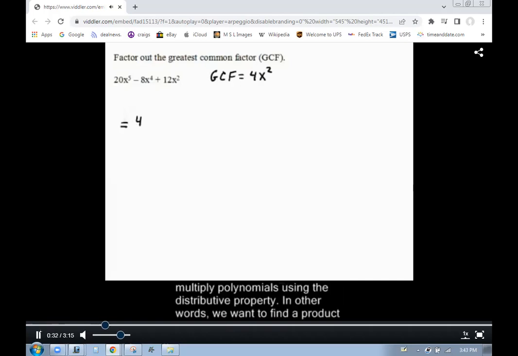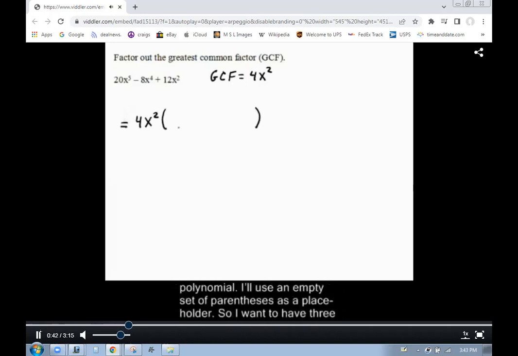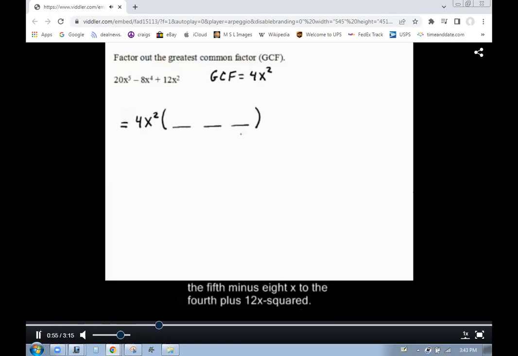In other words, we want to find a product of the GCF, which is 4x squared, and another polynomial that, when multiplied, equals the original polynomial. I'll use an empty set of parentheses as a placeholder. So I want to have three terms inside the parentheses that, when multiplied by 4x squared, gives me 20x to the fifth minus 8x to the fourth plus 12x squared.